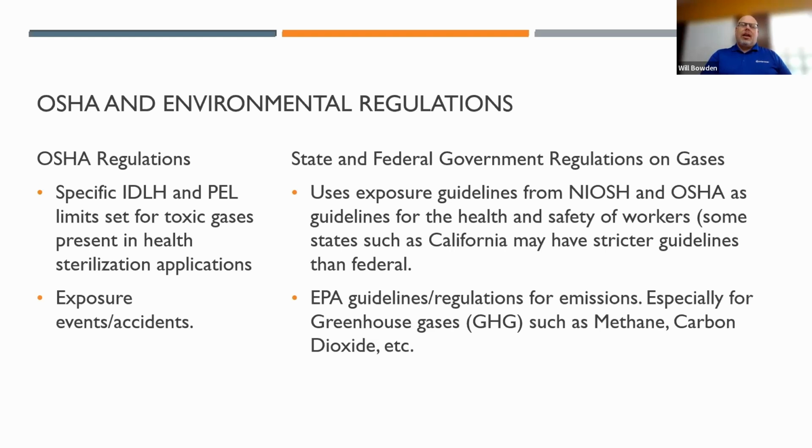And then again, EPA guidelines regulations for emissions, especially for greenhouse gases, methane, carbon dioxide, et cetera. Obviously, studies are going on over time with other gases that could be considered greenhouse gas affiliated or related issues.